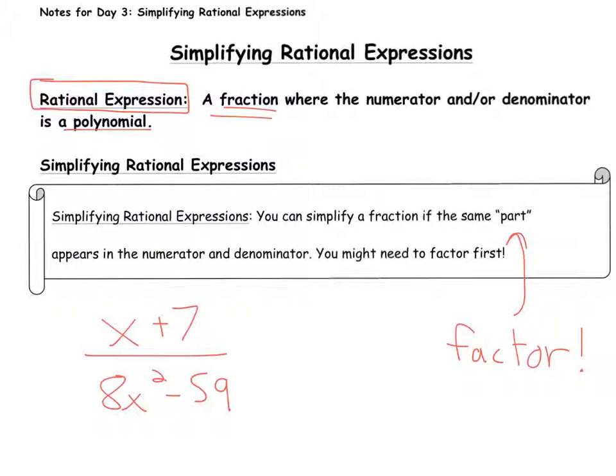Because as we're going to see today, you might need to factor first, and this is really the big thing we're adding from yesterday to today. So if you see the same factor in both the numerator and denominator, you can simplify those, you can cancel some things out. So let's get to it.